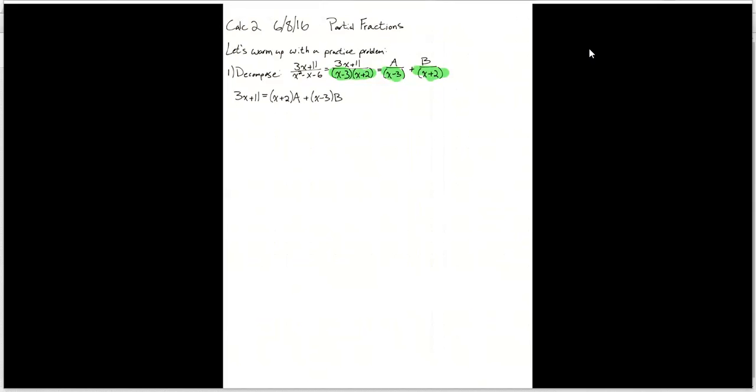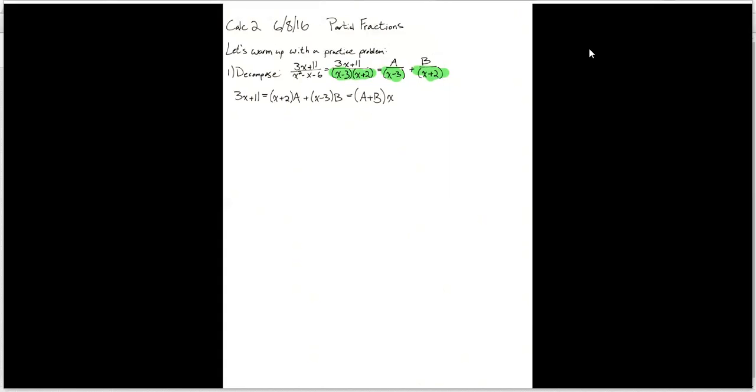So what we're going to do now is collect all of the terms that we have for powers of x. Okay? In this case, the highest power we have is 1, so it's not too bad. So we collect the x terms, right? If you look, we'll have A plus B times x. That's our grouping of x terms, right?